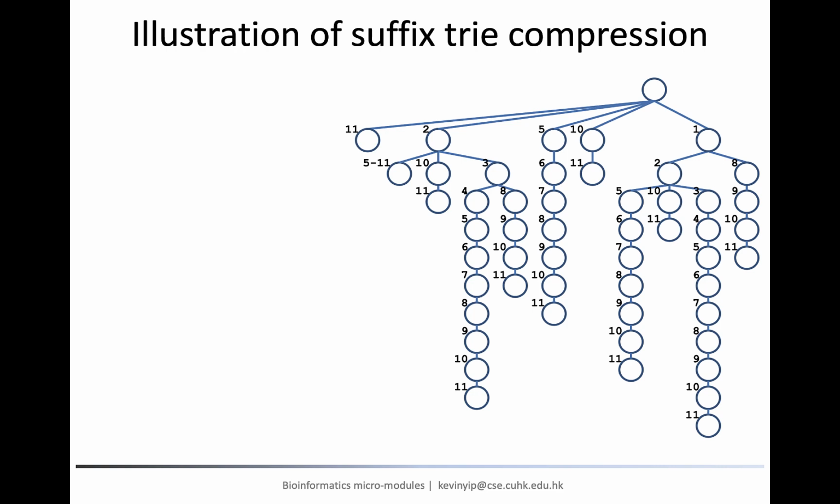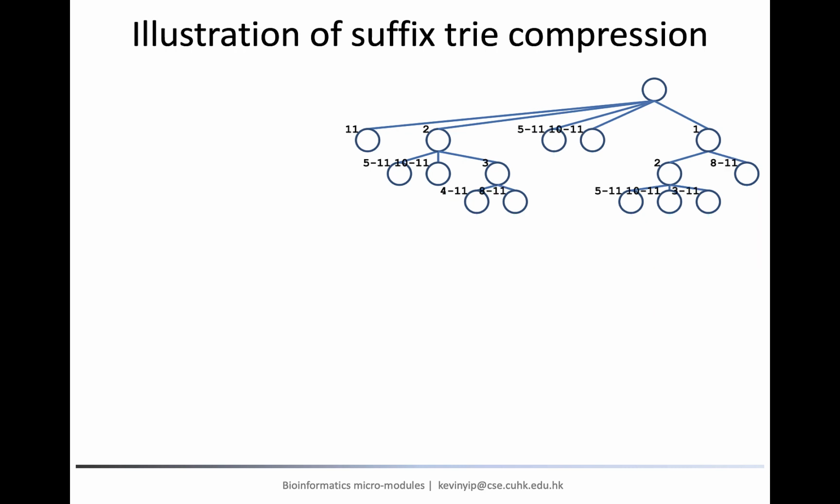In the same way, next, we find these two nodes that need to be merged, and we merge them. The remaining of the merging procedure can be done in the same way, and therefore we skip the steps and show the final tree directly, which is the one shown here.